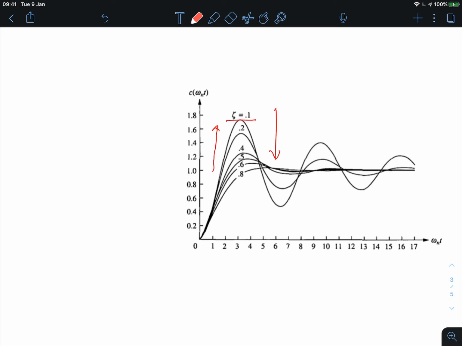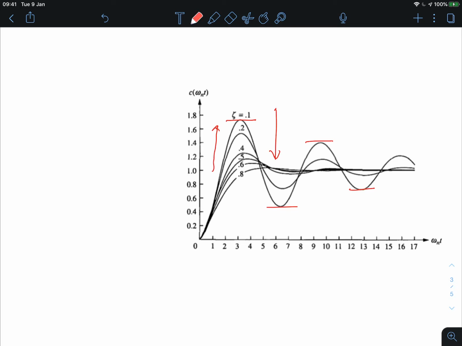So this would be the first peak, the second peak, third peak, fourth peak. So for different values of n, you would obtain different peaks. And since we are interested only in the first peak, that's why we use n is equal to 1.